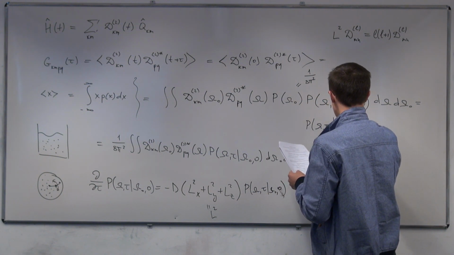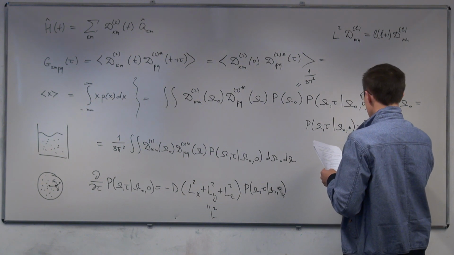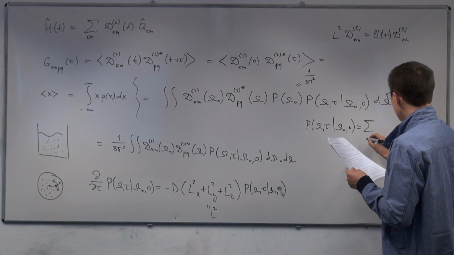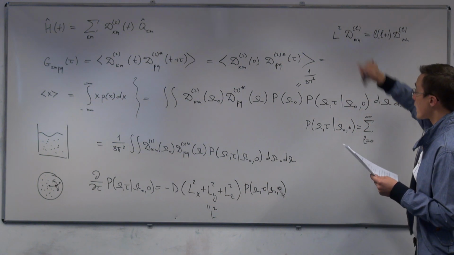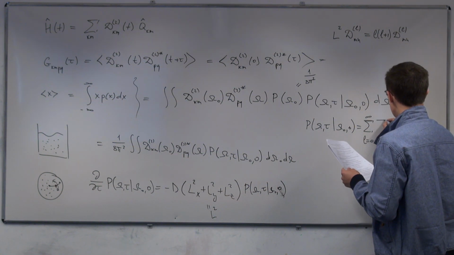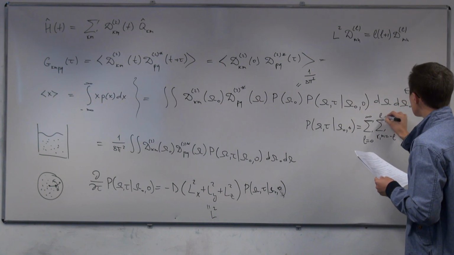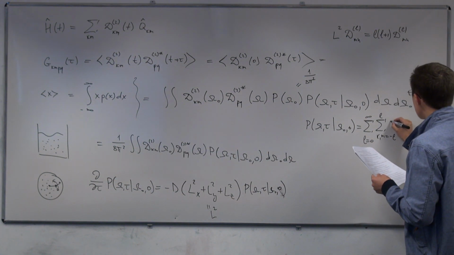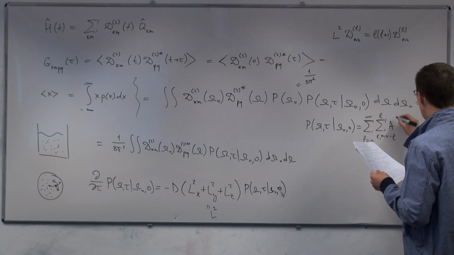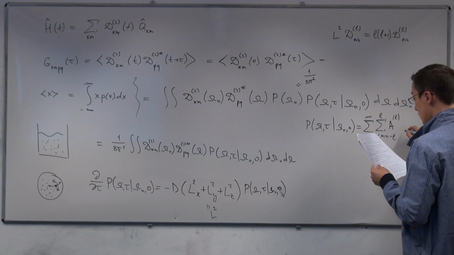So our P(omega, tau, omega naught) would be a sum over L from 0 to infinity, all ranks of these Wigner functions, then the sum over k and m from minus L to L, so all the projections of those ranks, then some constants, or not so constants, they have to depend on time rather than space.